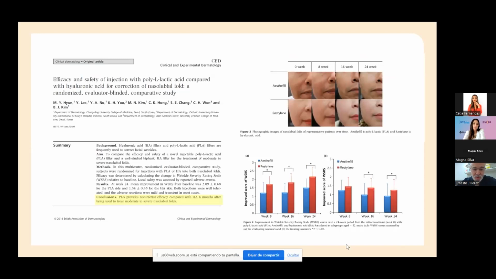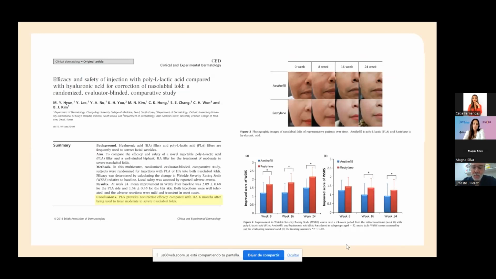The conclusion is that polylactic acid provides a volume similar to hyaluronic acid. In this study, they injected the nasolabial fold with hyaluronic acid on one side of the face and polylactic acid on the other side, and the volume is similar.